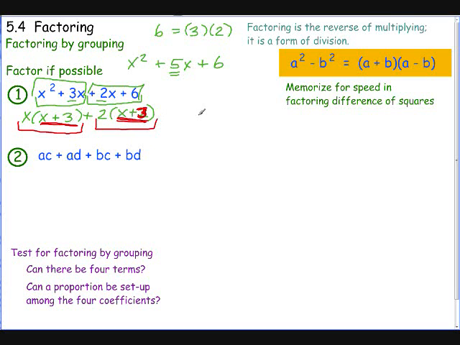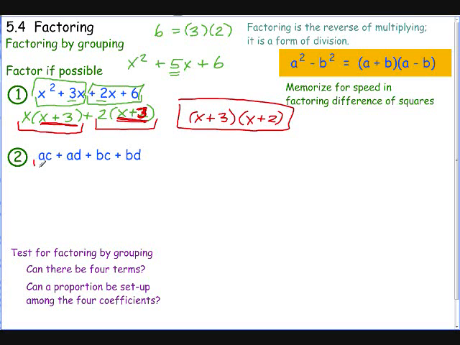It is a binomial, and it is x plus 3. I'm going to factor x plus 3 out of this term and this term. And when I divide this by x plus 3, I'm left with x. And then I divide this by x plus 3, and I've got 2. So that was factoring by grouping.